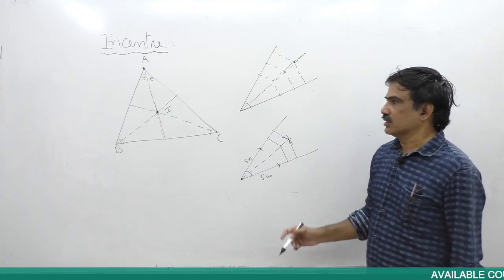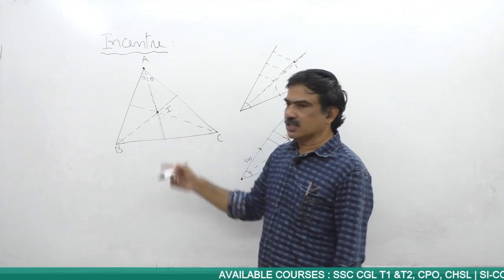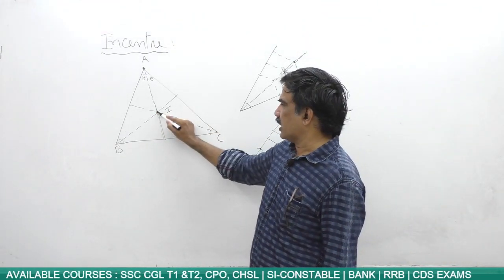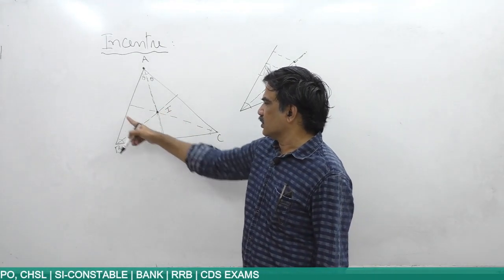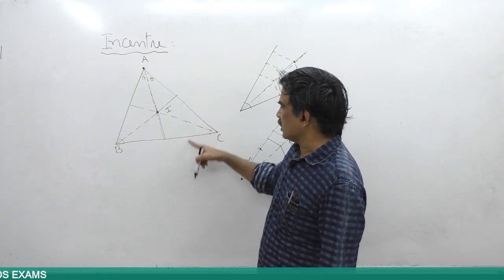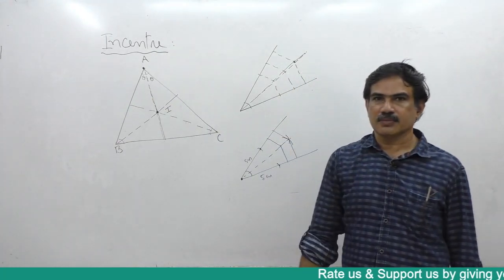Using this definition, every point on this angular bisector is equidistant from the two adjacent sides. Therefore, I is a point on this line, so I is equidistant from these two sides.